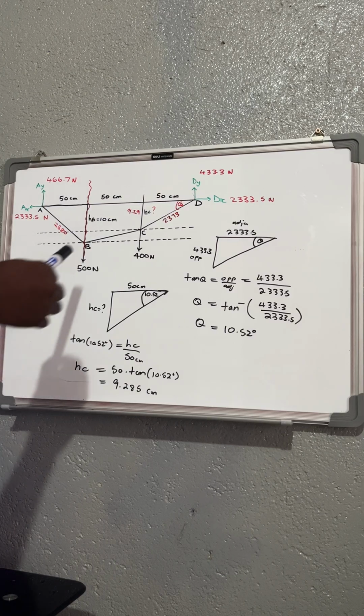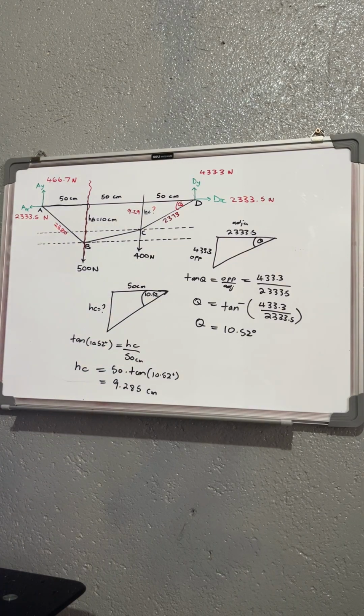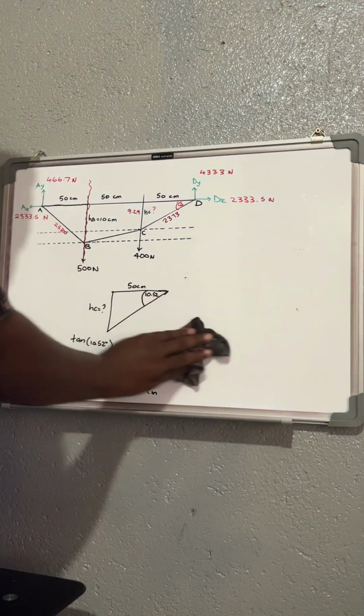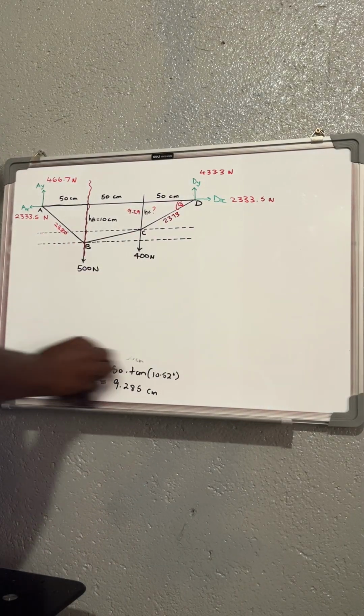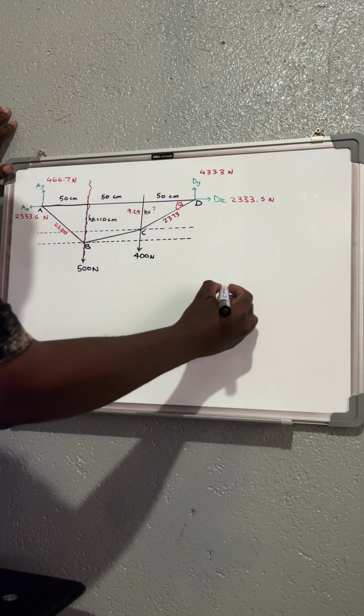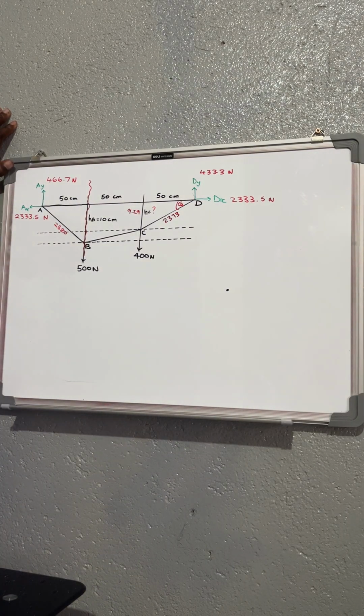What's left is for us to find this BC that you see here. So how are we going to find BC? With regards to our BC, you also have to be too careful with that one, because you need to use the fact of knowing where the components are going to be.